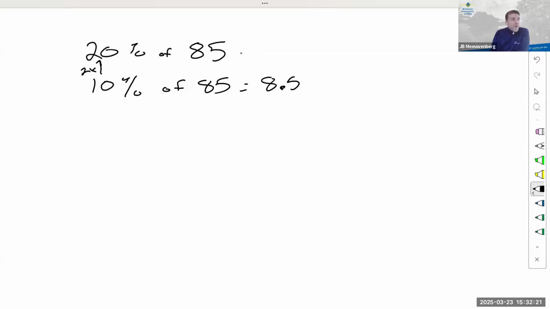And so if we want to know 20%, we can take whatever we had for 10% and double it. 8.5, if we double it, is 17. 8 doubled is 16. A half doubled is 1. Put them together, you get 17. So 20% of 85 is 17. We didn't have to do any calculations. We could do that all up here.